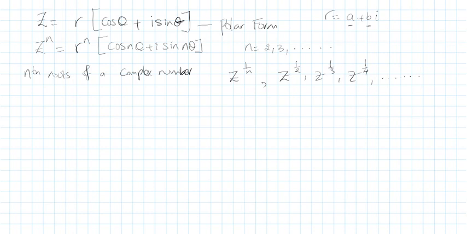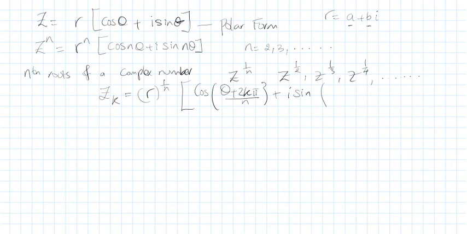So if this is what you're really trying to find, then the formula is given by z_k = r^(1/n) [cos((θ + 2kπ)/n) + i sin((θ + 2kπ)/n)], and that's the formula.